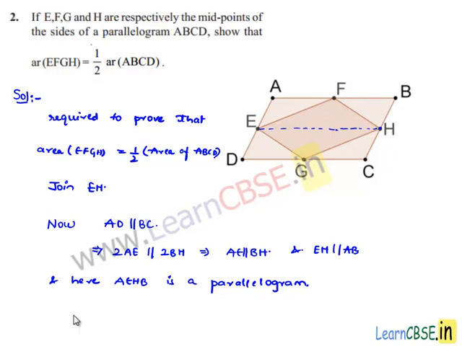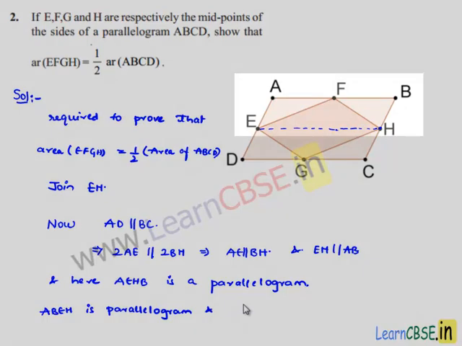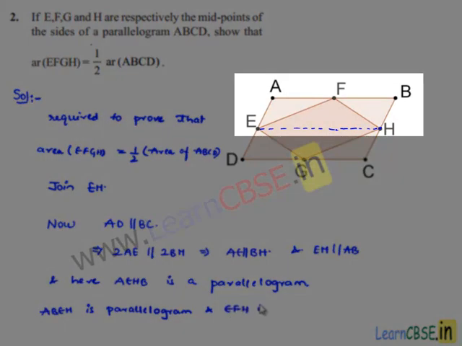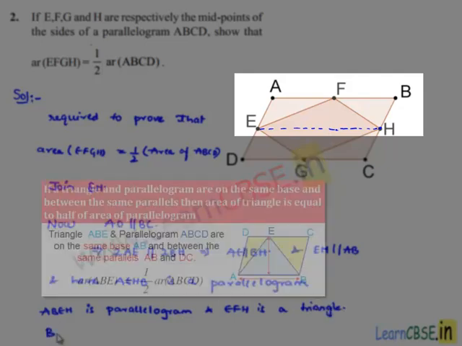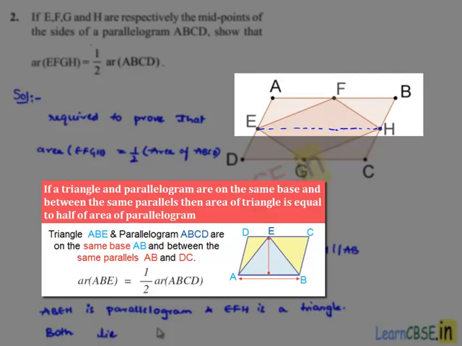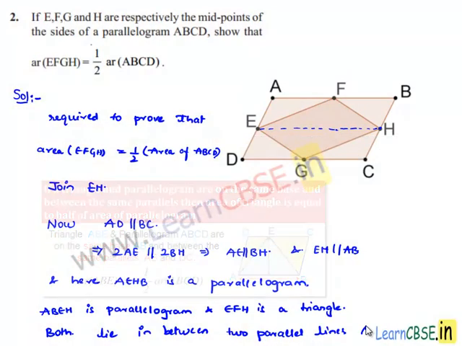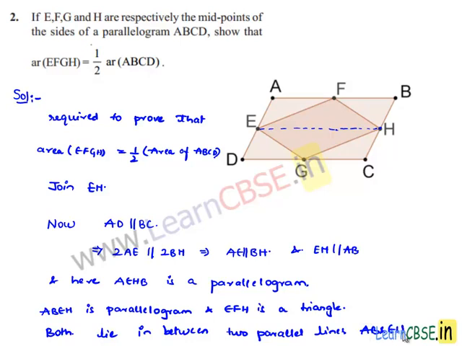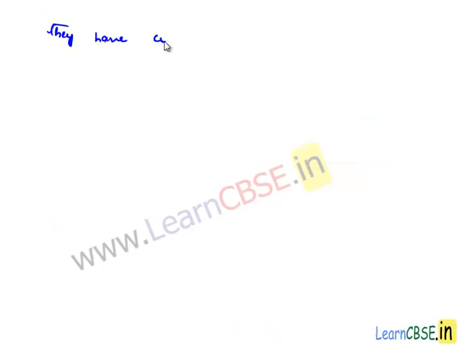Here if we consider ABHE as a parallelogram, and EFH is a triangle in it. Here both the parallelogram and triangle lie in between two parallel lines AB and EH, and also they have common base EH.